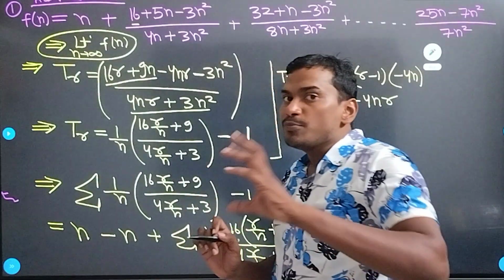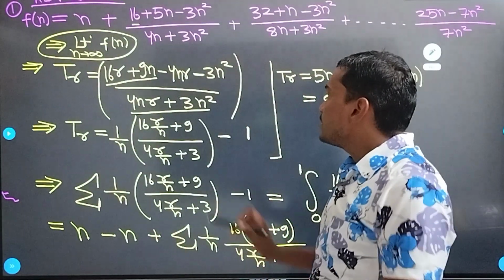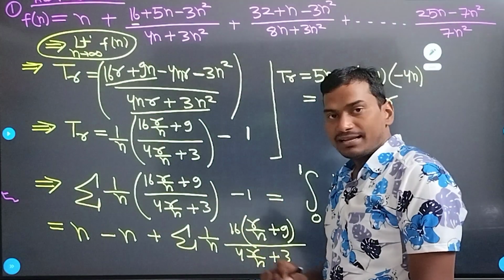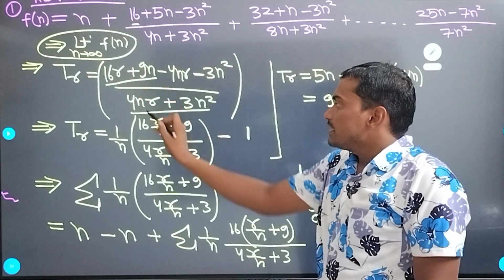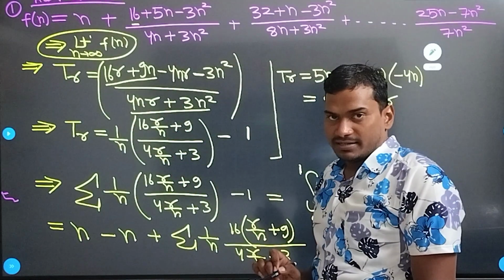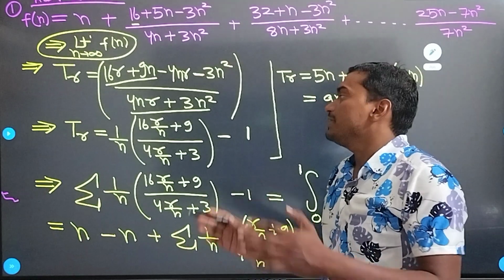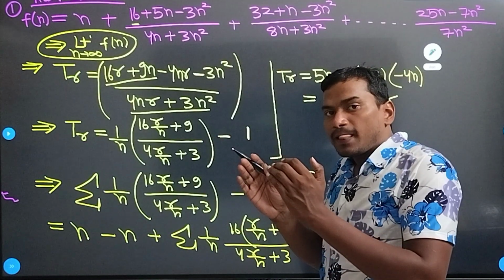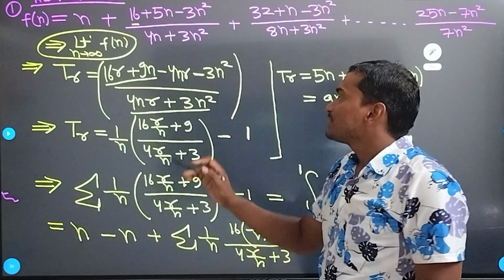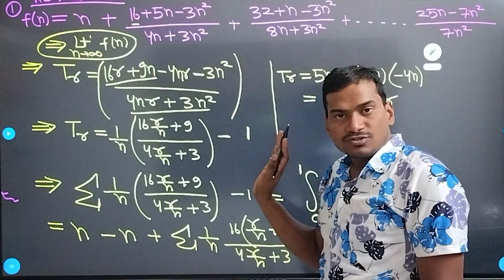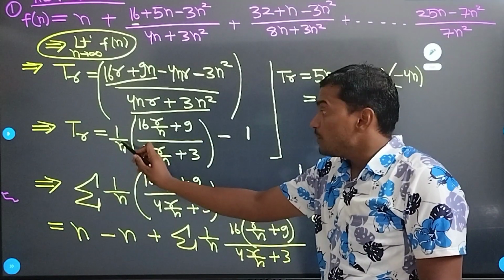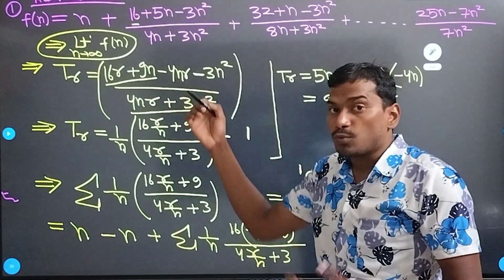Yes, we are dividing numerator and denominator both. So if we divide the denominator, this will be 3, this will be 4 into r by n. And here we are dividing by n, and 1 by n divided and 1 by n outside. So in that manner we are dividing by n square. See, again, the denominator we divided by n square. In the numerator, 1 by n we are keeping here, and 1 by n we have divided in this. Why?